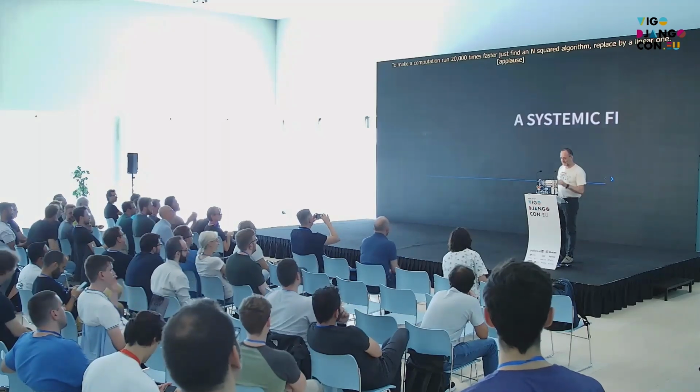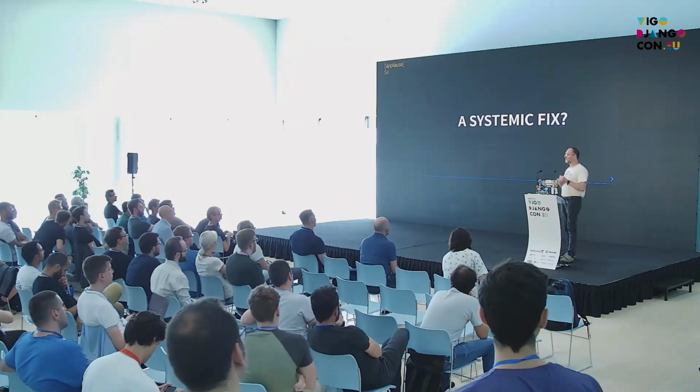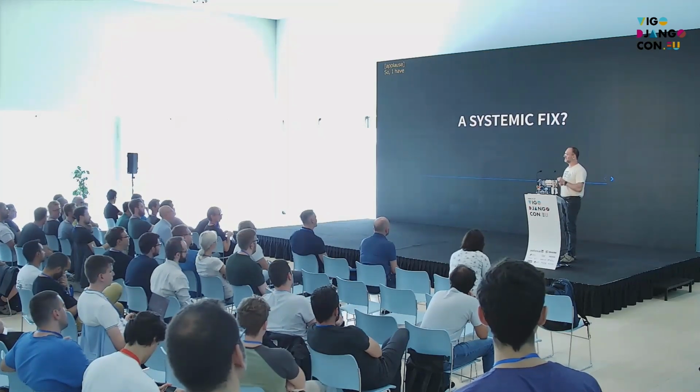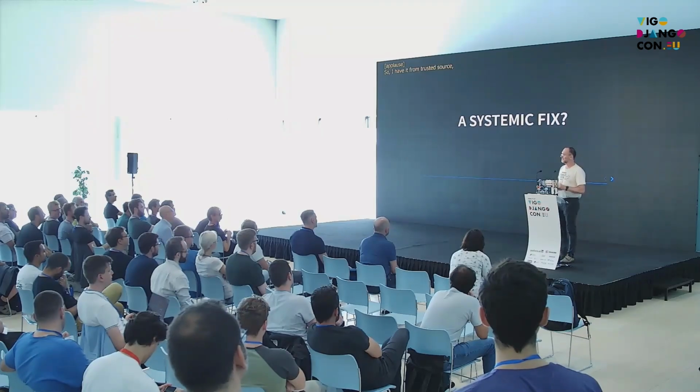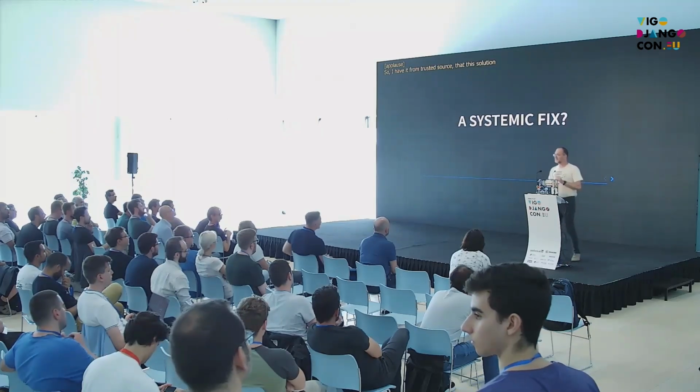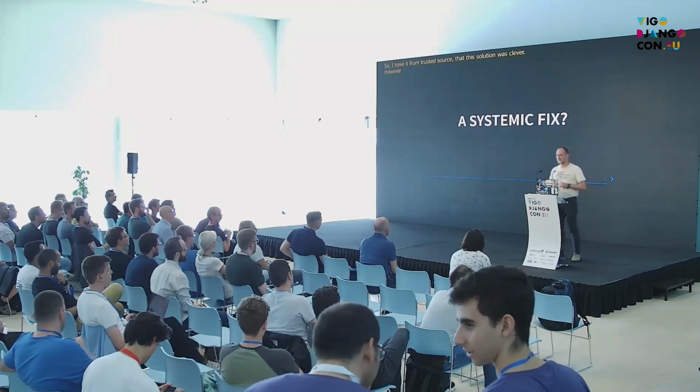So, I have it from a trusted source that this solution was clever. However, a Hebrew proverb characterizes the clever as those who know how to get out of trouble when the wise know better than to step into it in the first place. So, can we be wise about this?